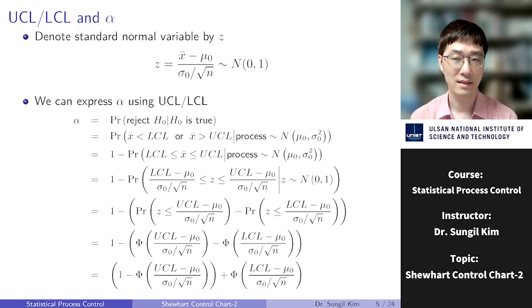On the other hand, that the null hypothesis is true means the process follows normal mu0 and sigma 0 squared. With some calculation, alpha becomes the sum of 2 terms. The left term is the probability to reject the null hypothesis because x bar is larger than the upper control limit, while the right term is the probability to reject the null hypothesis because x bar is smaller than the lower control limit.